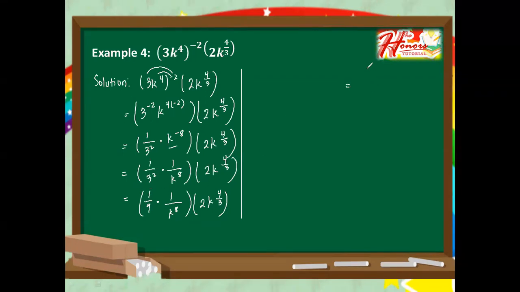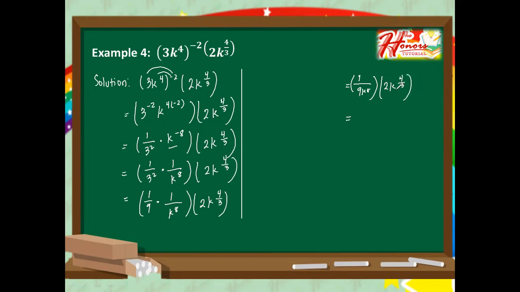Again, 1 times 1 is 1 over 9k raised to 8 times 2k raised to 4 over 3.